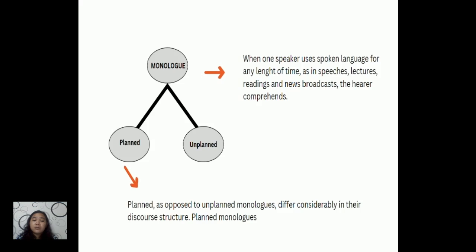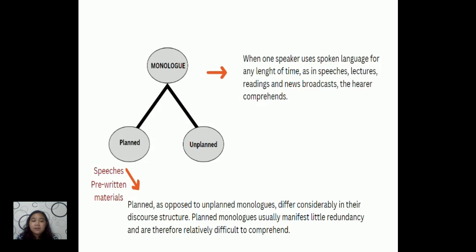The planned, as opposed to unplanned monologues, differ considerably in their discourse structure. Planned monologues, like speeches and pre-written materials, usually manifest a little redundancy and are therefore relatively difficult to comprehend.